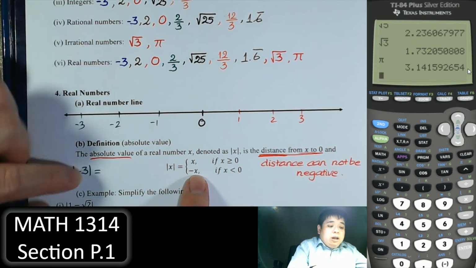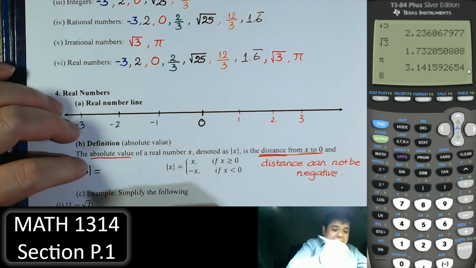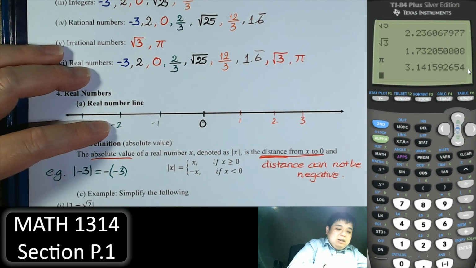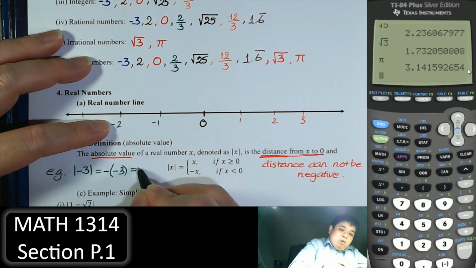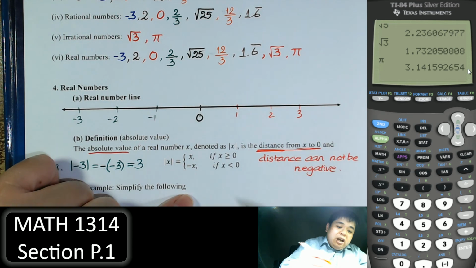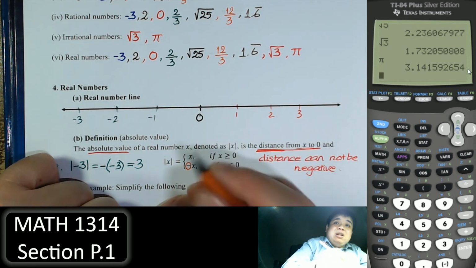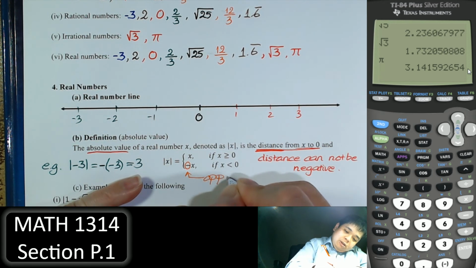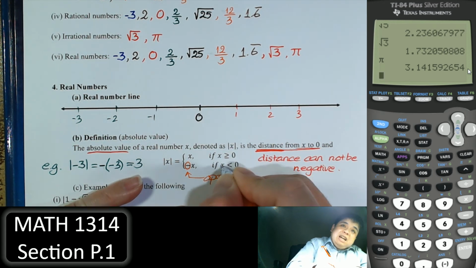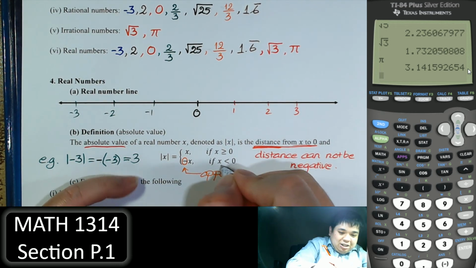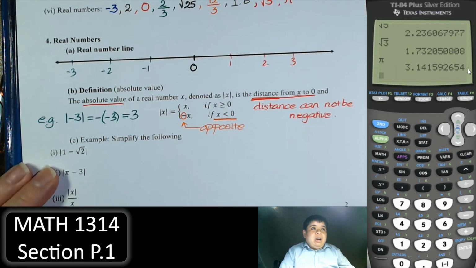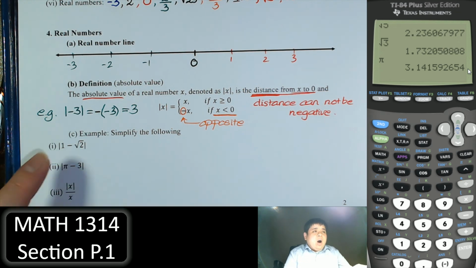According to this, if we have a negative number, the absolute value is going to be the opposite of that number, so that it turns into a positive number. So here, this negative is not really a negative, that means opposite to it. If it is negative, we turn that to the opposite. Of course, the opposite of negative is positive. So that's why we have that formula. Look at this, 1 minus square root of 2.